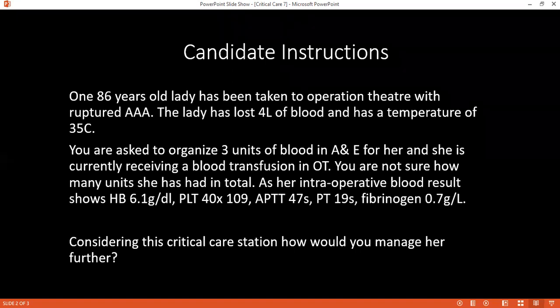So can you tell me how would you decide if the blood transfusion has been massive? If the replacement of blood volume is more than 50% within 12 or 24 hours, replacement of 50% of the blood volume.